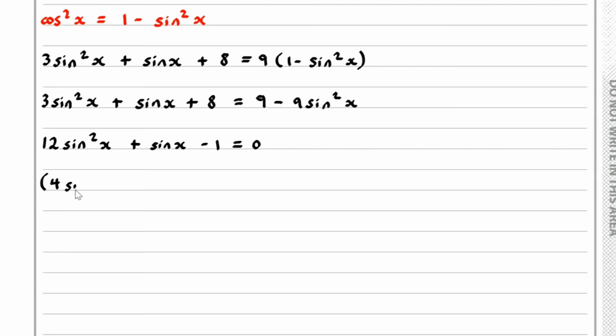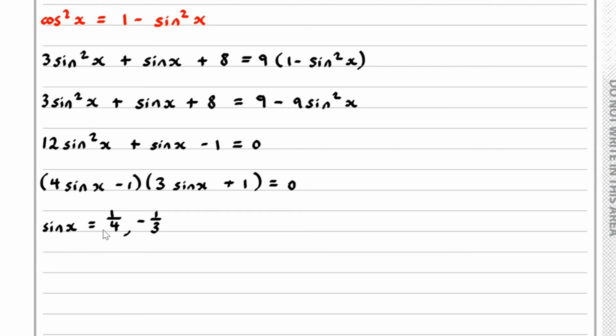So I've got (4 sine x minus 1) lots of (3 sine x plus 1) equals 0. So sine x is either equal to 1 over 4 and minus 1 over 3.